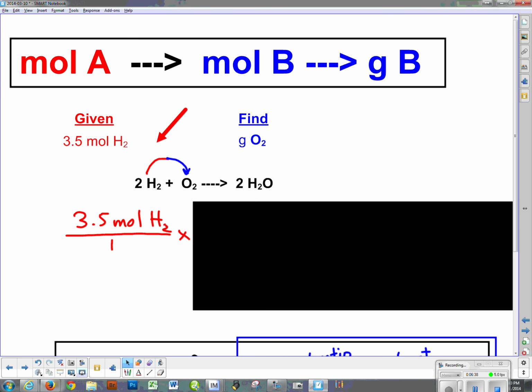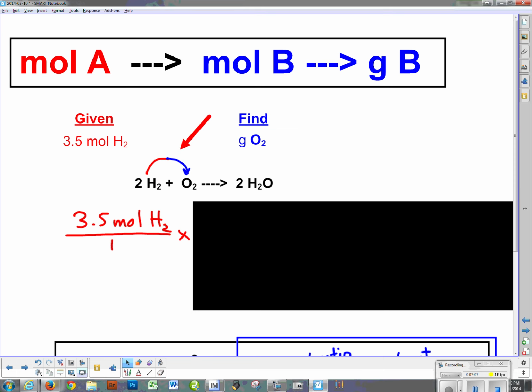If we did not write the word mole here, for instance, and we just wrote 2 H2, or in this case 3.5 H2, that would be 3.5 molecules of H2, as opposed to moles of molecules, which is 6.02 times 10 to the 23rd molecules. Okay? So it's important to put the moles in.